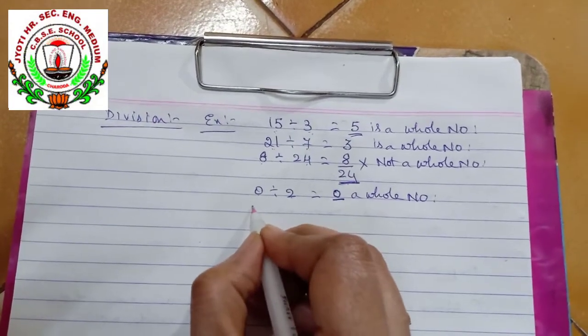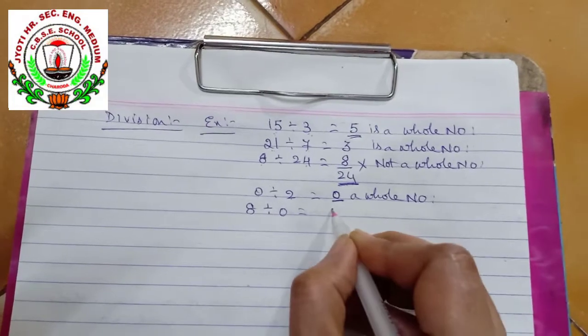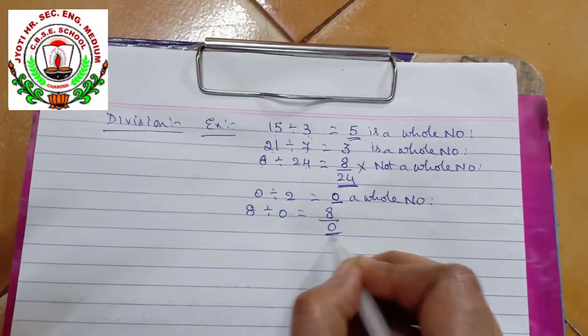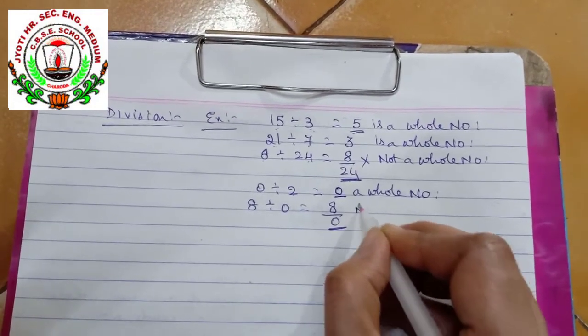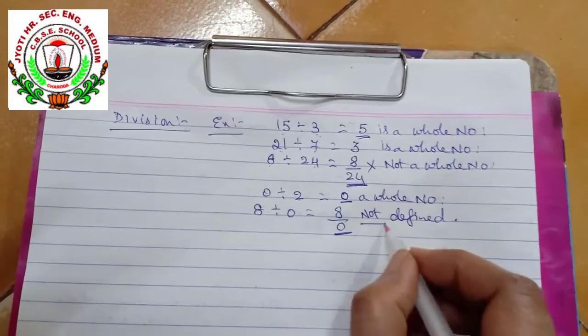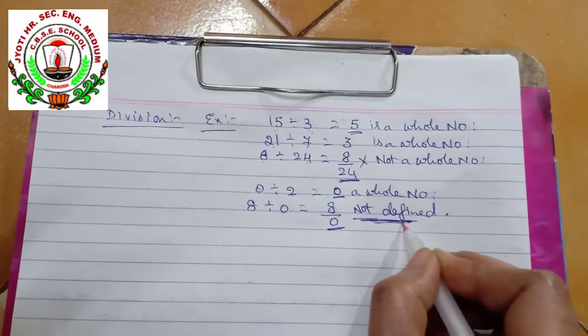When I write 8 divided by 0, that is 8 by 0, 0 cannot come in a denominator, so the answer is not defined.